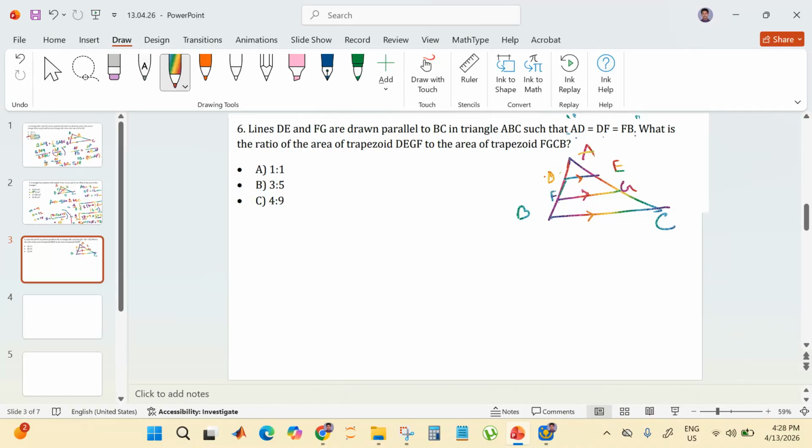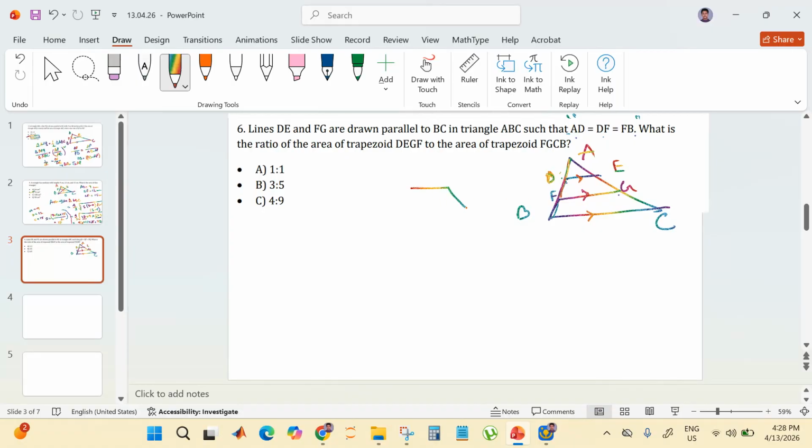AD means this part. This part will be equal to DF. This part will be equal to FB. These three parts are equal. What is the ratio of the area of trapezoid DEGF, sorry, DEGF, this area?